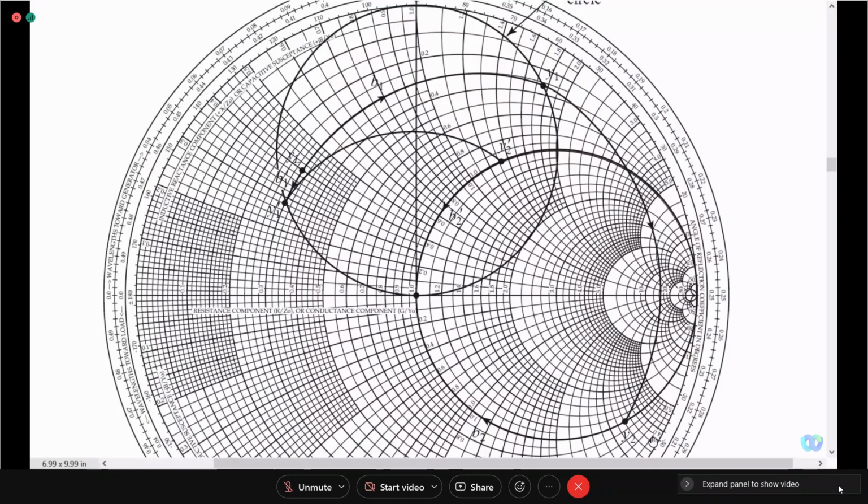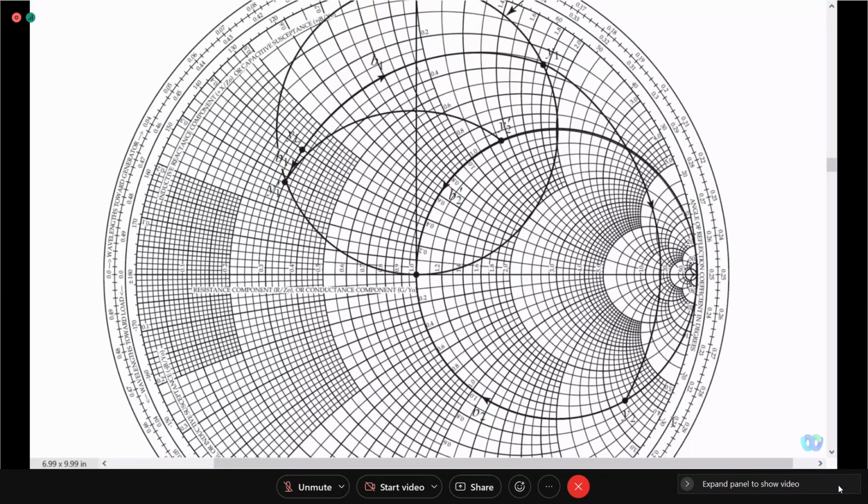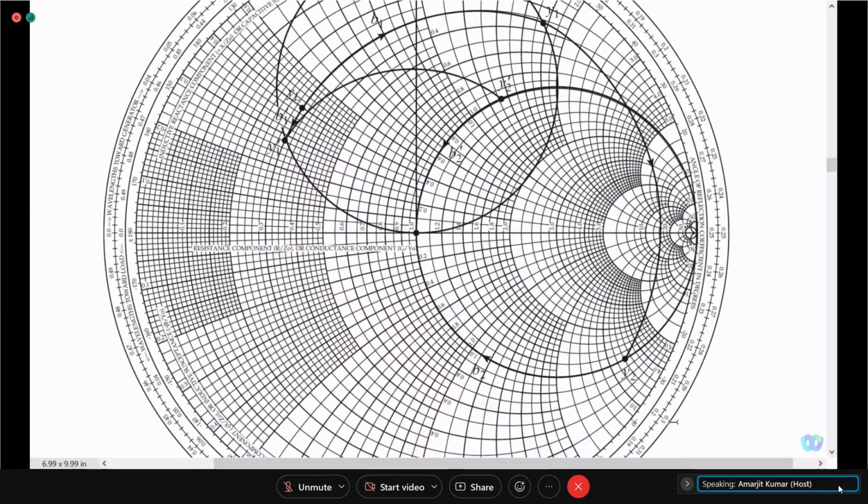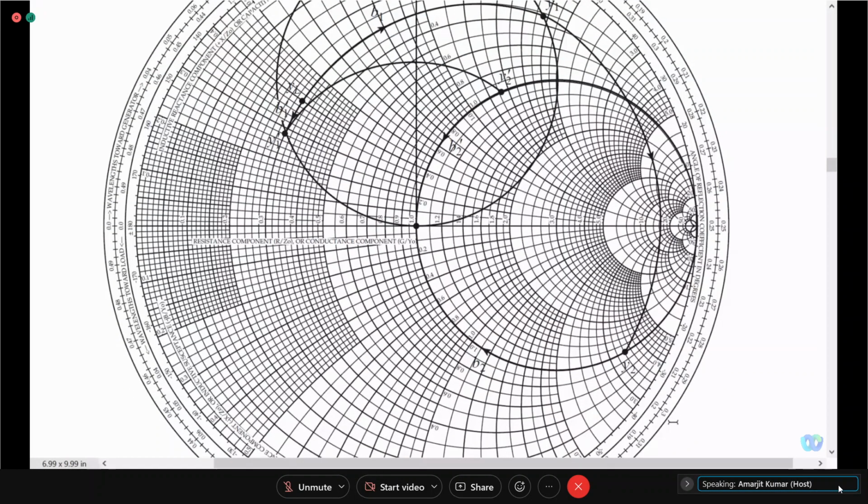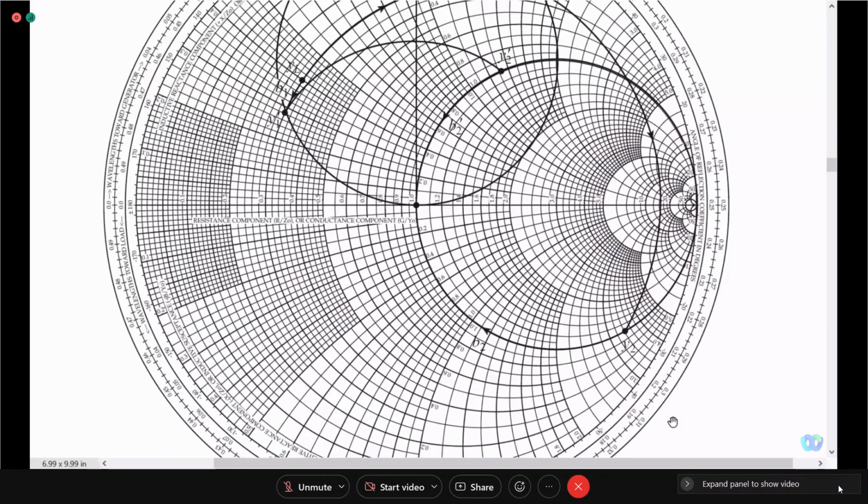What is the value of Y2? So Y2 will be equal to 1 minus J 3.34.